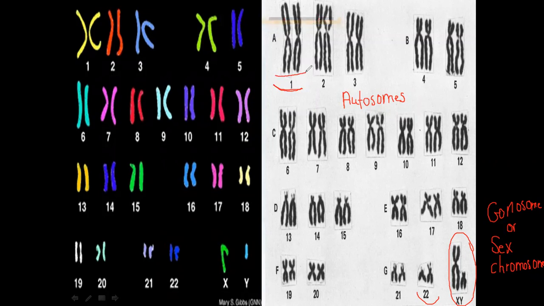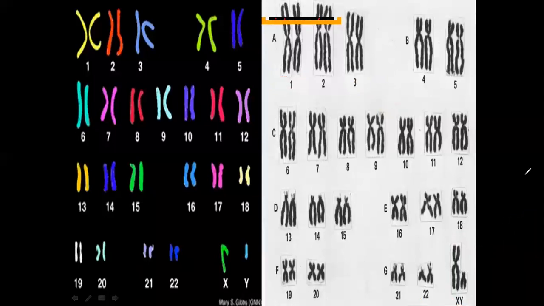While diploid is two copies. Here we have from pair number 1 to pair number 22, which we call autosomes, while the gonosomes here are X and Y.